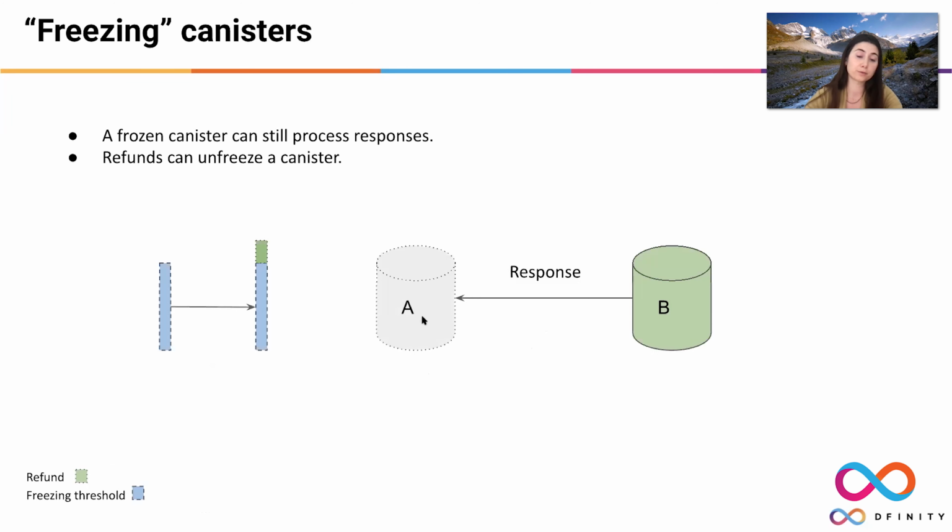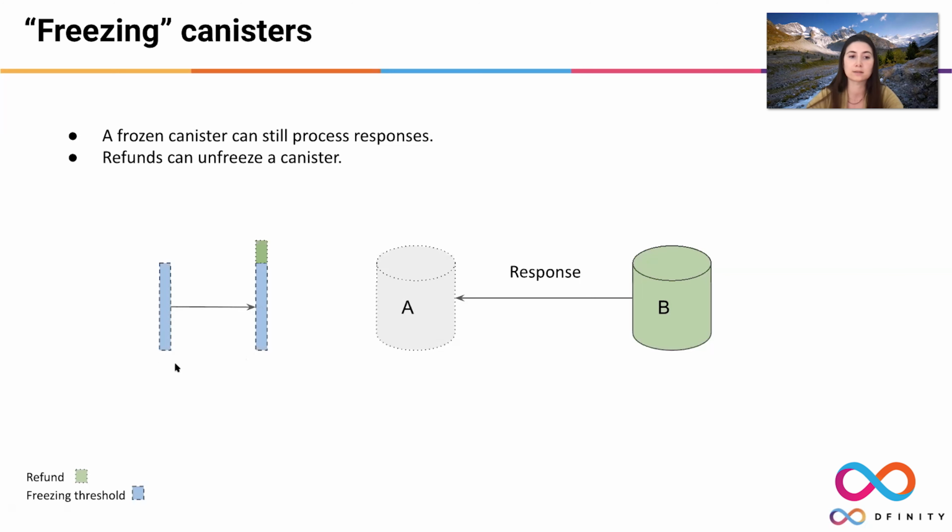The frozen canister A can still process responses, because when the request was sent, a reservation was already made for the execution of the responses. So now canister A can execute the response, and with the response, canister A can also receive a refund.